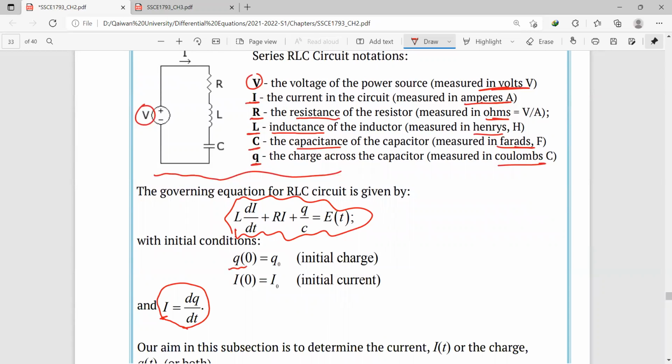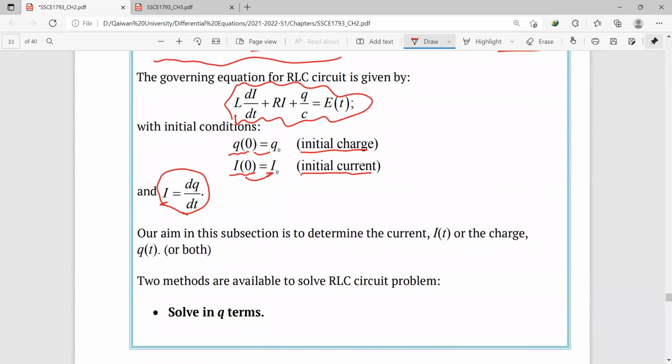Here Q of 0 equals Q naught is the initial charge, and I of 0 equals I naught is the initial current.